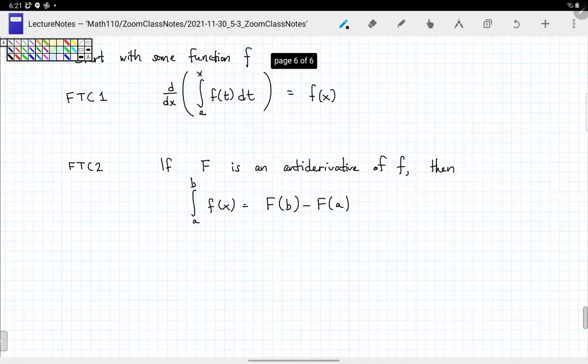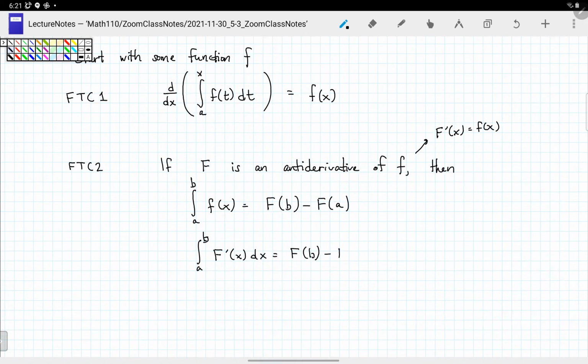Another way to say this is that capital F is an antiderivative of little f, that says capital F prime of x is equal to little f of x. So I can rewrite this as saying that the integral from a to b of capital F prime of x dx is capital F of b minus capital F of a.